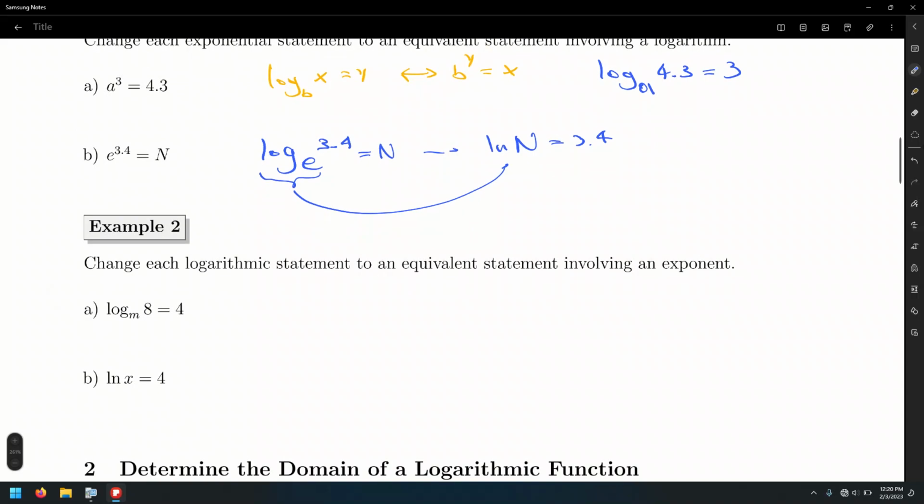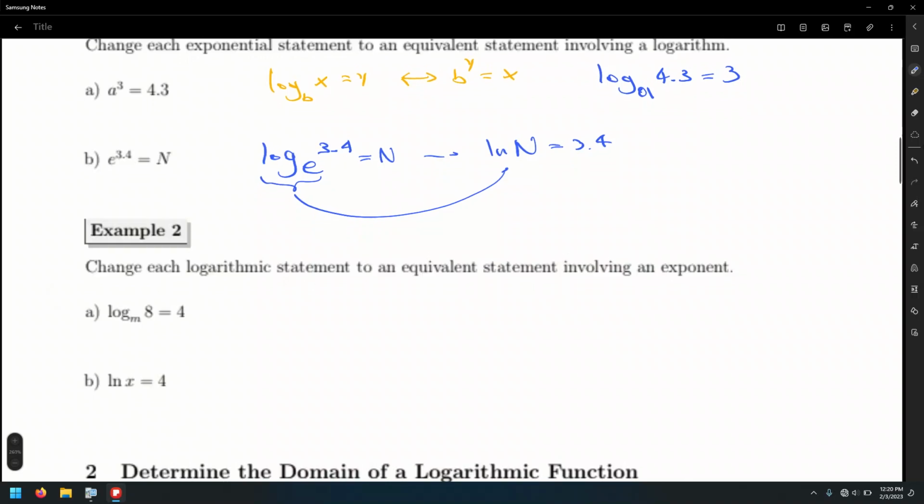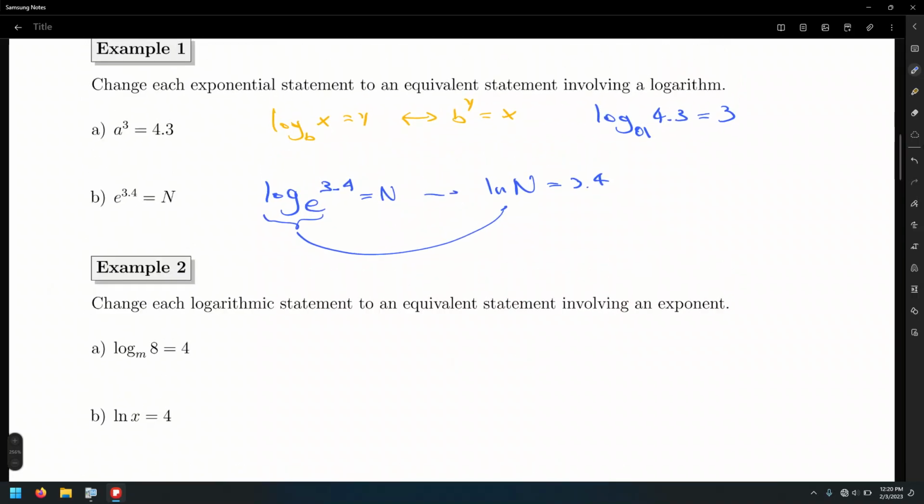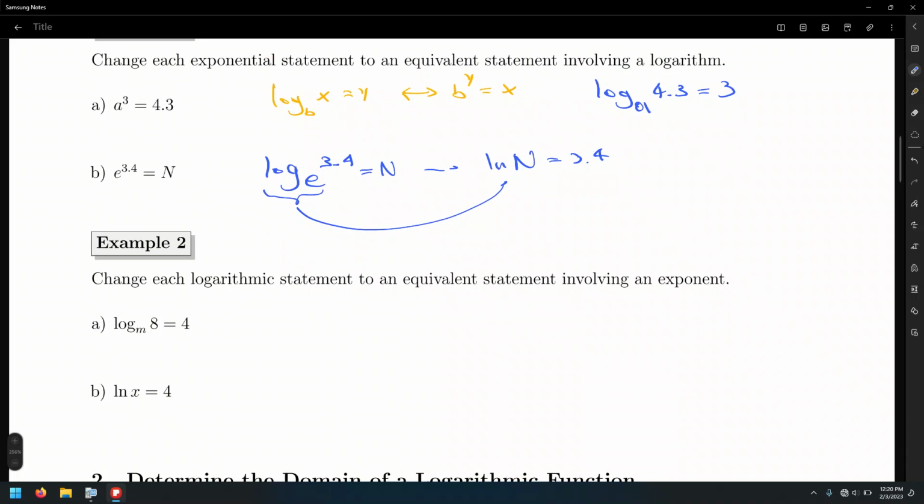So we have a logarithmic expression with other symbols, with other decimals, very similar to what we did in the previous example. Now we're going to write this in exponential form. So logarithm base m, well, when we read the subscript, we can start already writing m as our base of some exponent, and recall that the result of computing a logarithm is an exponent, that is the exponent of 4 and equals 8.